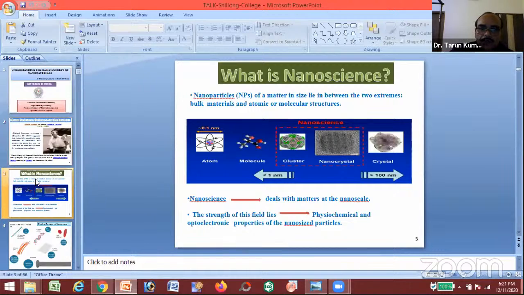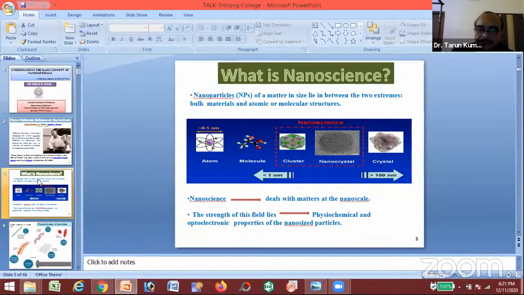So what actually are nanoscience and nanomaterials? Here I can mention one thing, especially in chemistry and physics, we know the atomic level, the molecular level, and also we know the bulk materials. So nanomaterials or nanomatter is in between these.